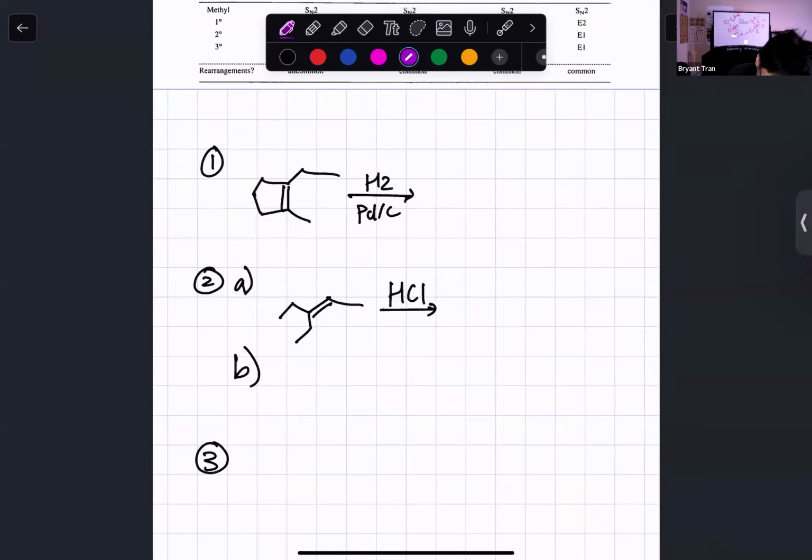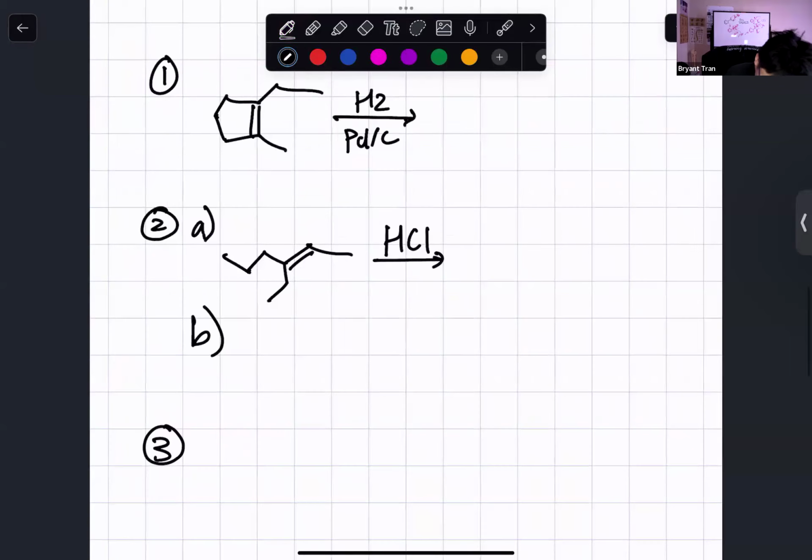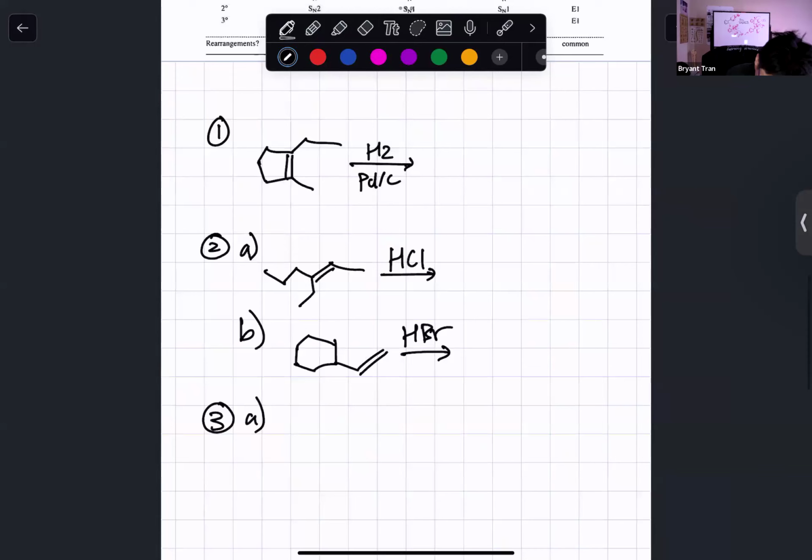So then, yeah, there we go. This with HBr. Oh no, number 3. There's going to be 2 parts as well. This is A. H2SO4, water. I see 3 parts. I see 3 things here.